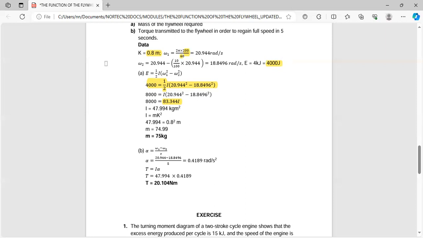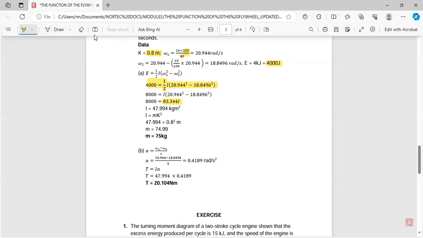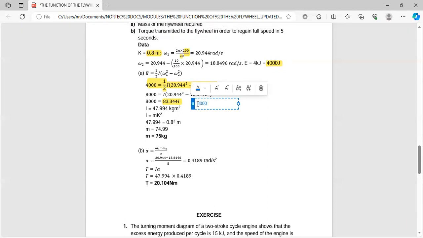Let me just write it over here. 8,000, if I divide by 83.344, it is giving me 95.987.